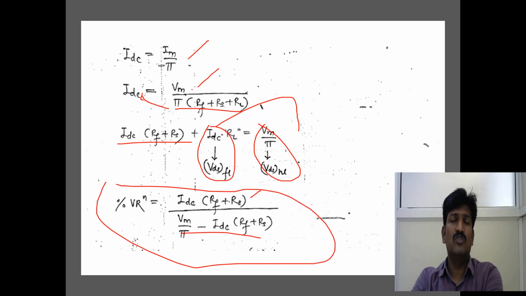This IDC can also be written like this: Vm by pi times (Rf plus Rs) by Rs RL, but it will become 2 Vm by pi (Rf plus Rs plus RL). Then we have to expand it like this.